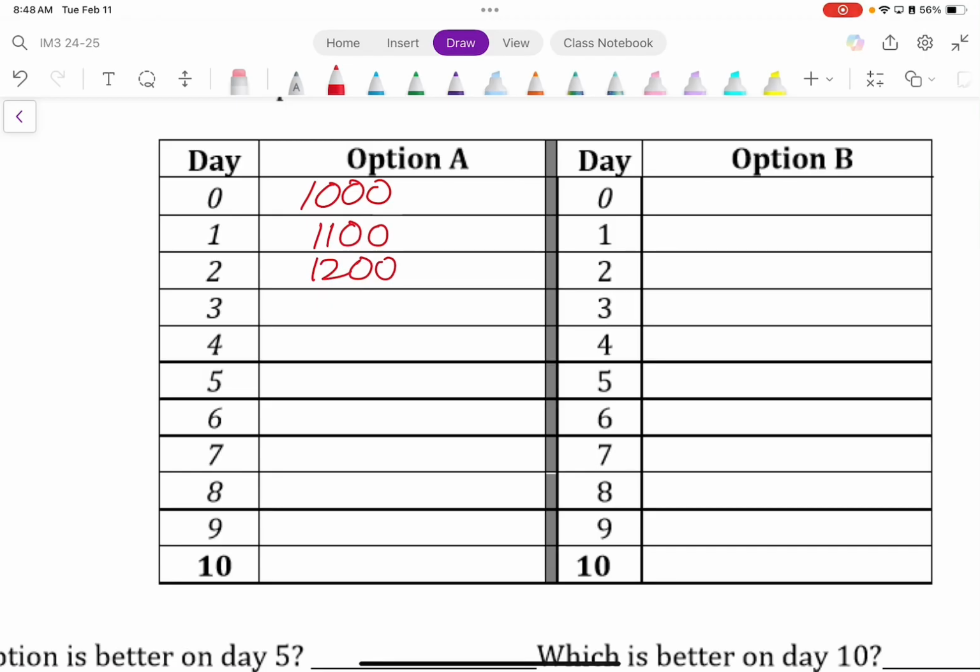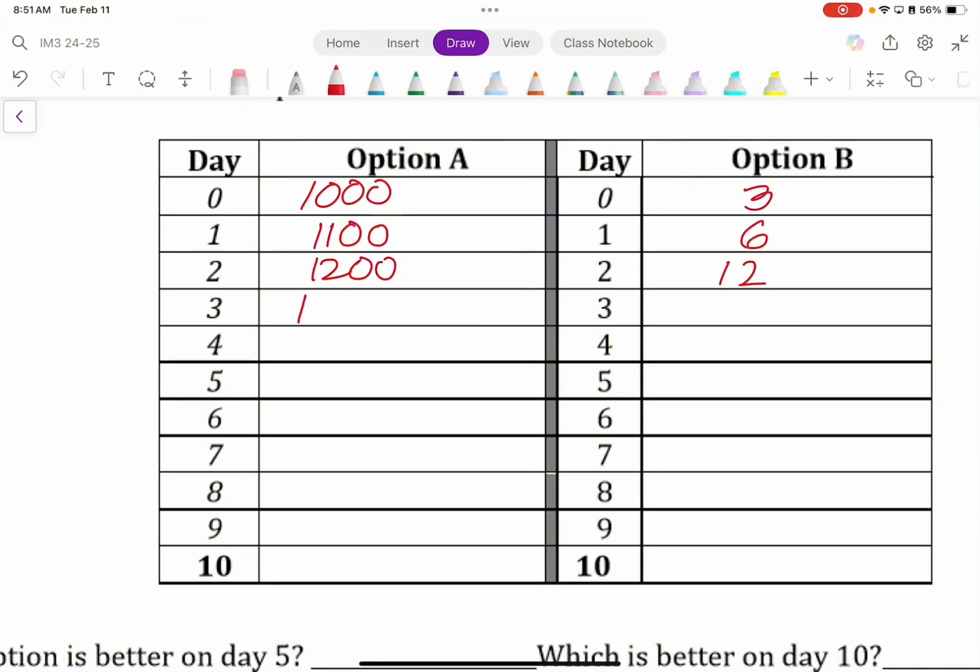You kind of get the idea. And then option B, starting off with 3, and it's doubling. Okay, so each box for option B, the one before, you're going to double it. You're going to multiply by 2. Okay, so go ahead and try that out. And once you have that, answer the questions at the bottom, and then we'll check out the table together. I mean, you should have it done already, but let's just check in.